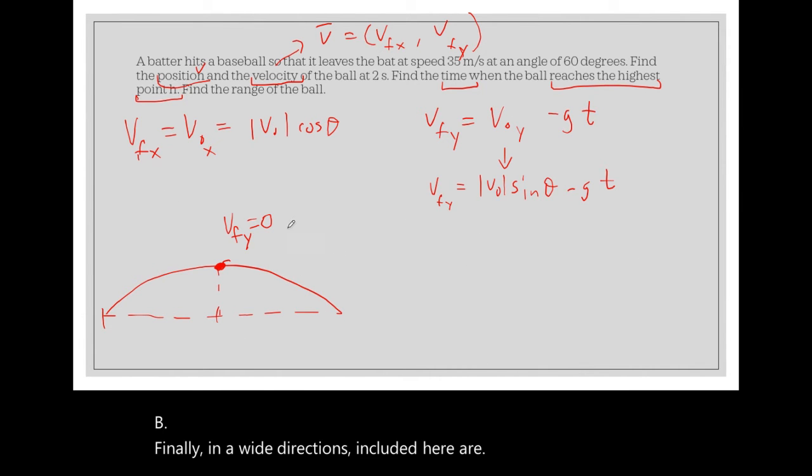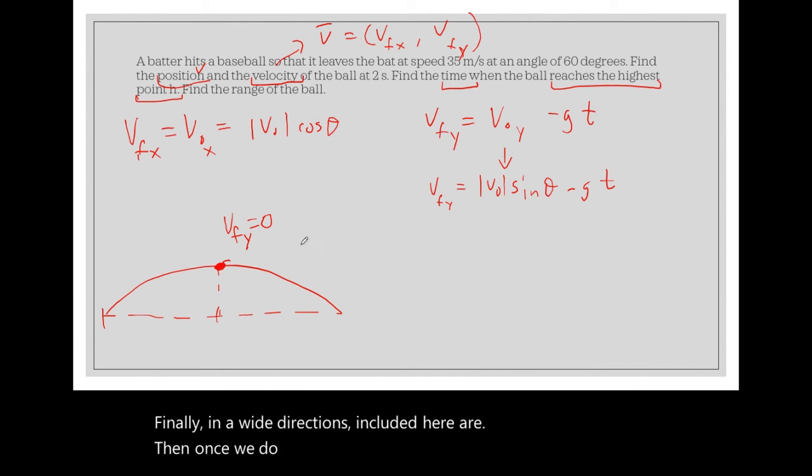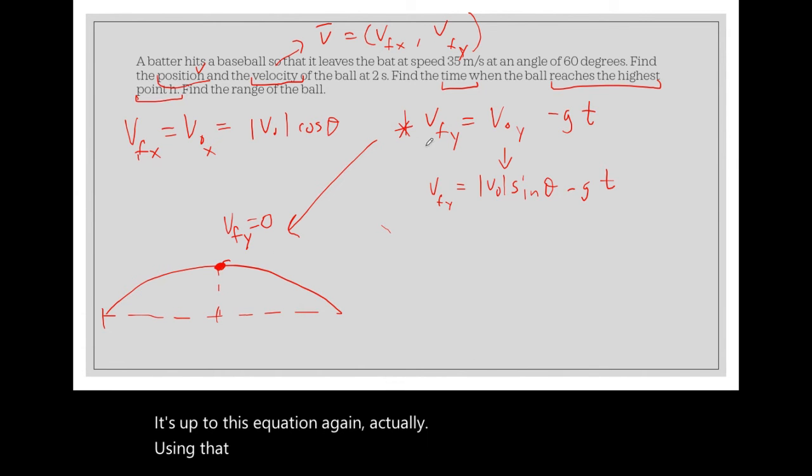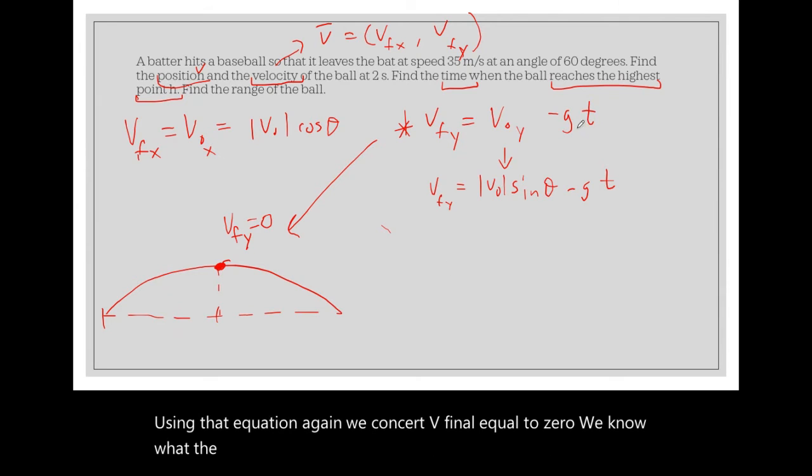Okay. Then once we do that, we can jump to this equation again. Using that equation again, we can set v final equal to 0. We know what the initial velocity is, and then we'll be able to solve for that time there.